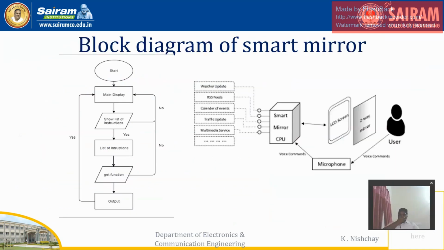Now let us talk about the block diagram of the smart mirror, like how the smart mirror will work based on that instruction. Let us talk about the flow chart. When the human being gives a command to the mirror, the command gets started and goes to the main display.